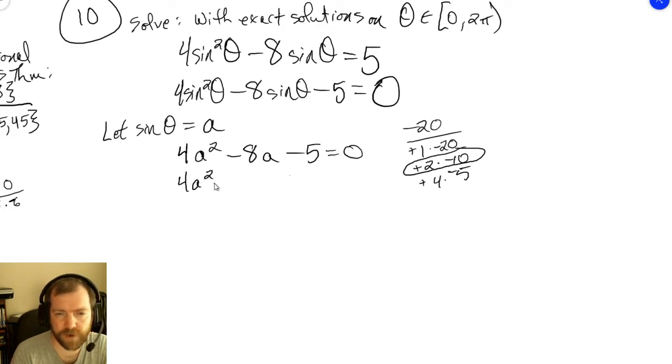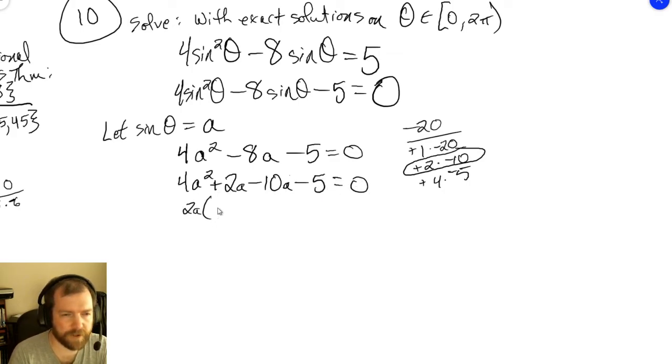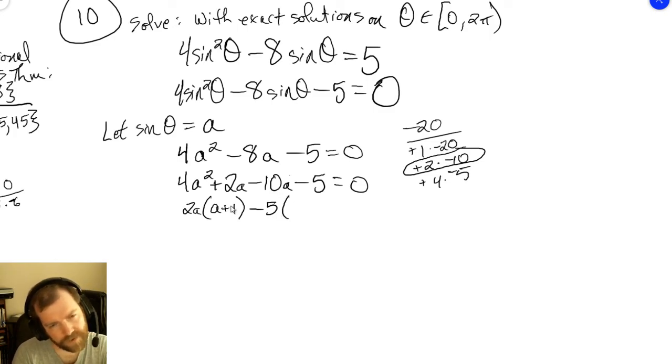So 4a squared plus 2a minus 10a minus 5 equals 0. 2a is factored out here, 2a plus 1.